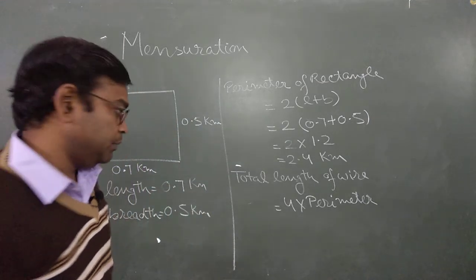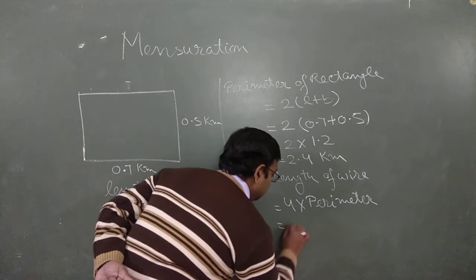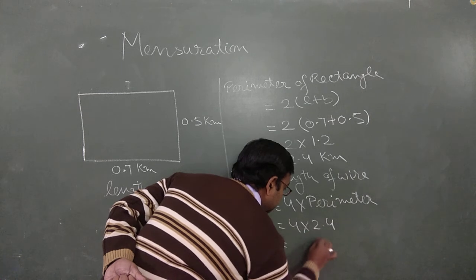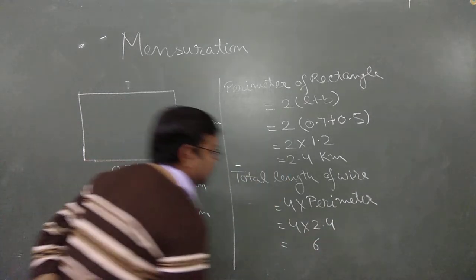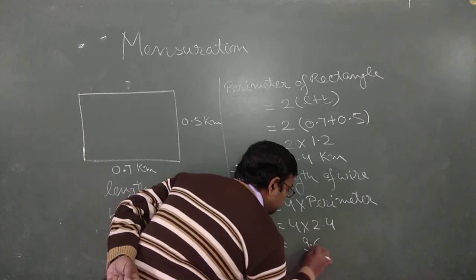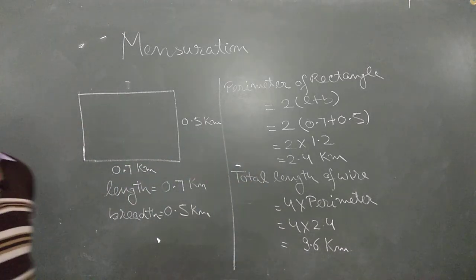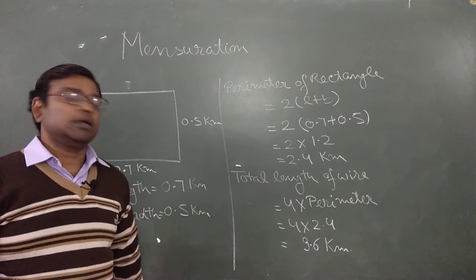So 4 into 2.4, it's 16, 6, 1 carry, 4 into 2 is 8, plus 1 is 9. 9.6 kilometer. Check whether there is a mistake or not. If there is a mistake, you must mention it in the comments.